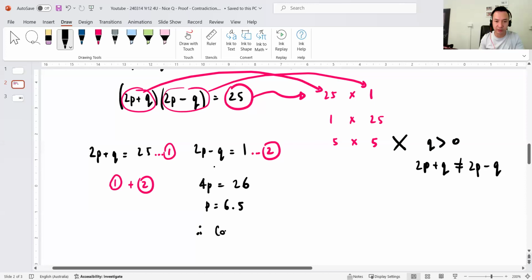Therefore, contradiction, because p is an integer.